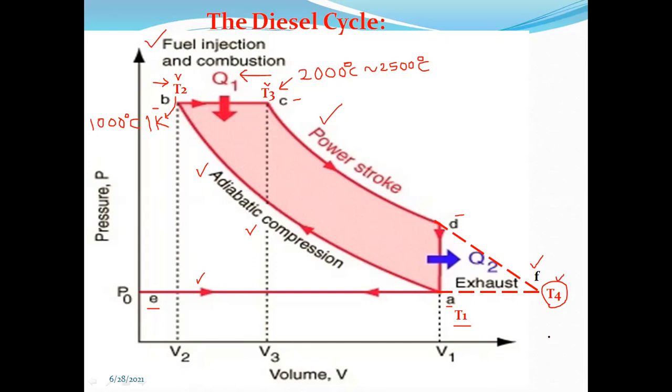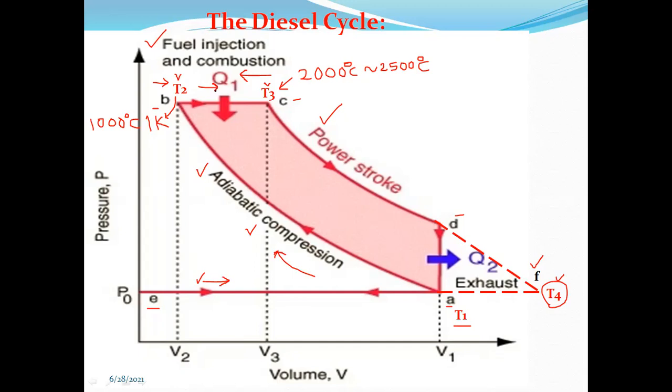So this is the indicator diagram, and you have to remember how the arrows are going. E to A is the intake or suction stroke, so arrow is going along this way. Then A to B, this is the arrow, so cycle is going along this way.